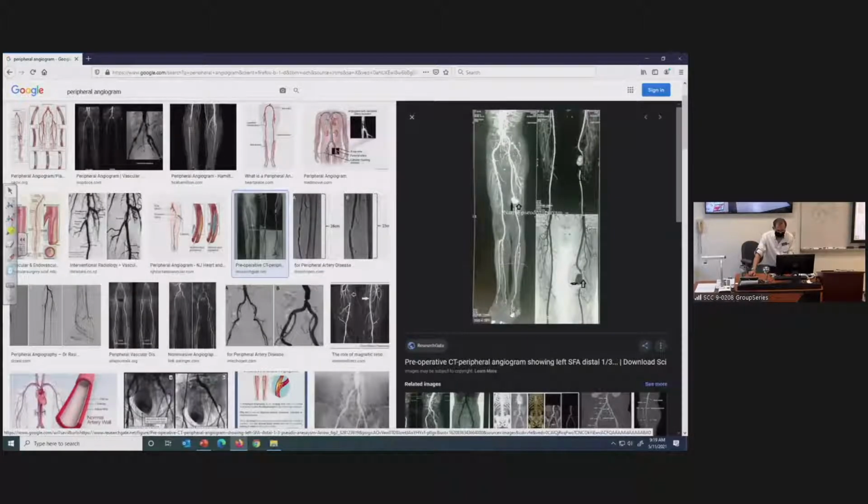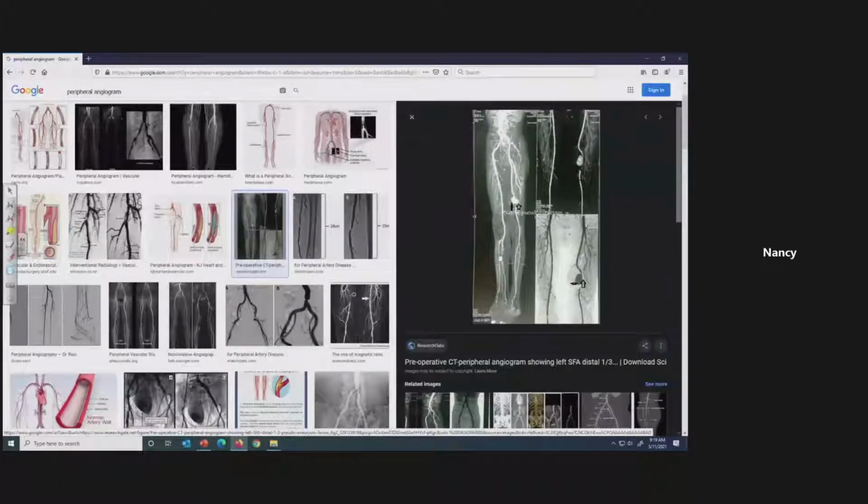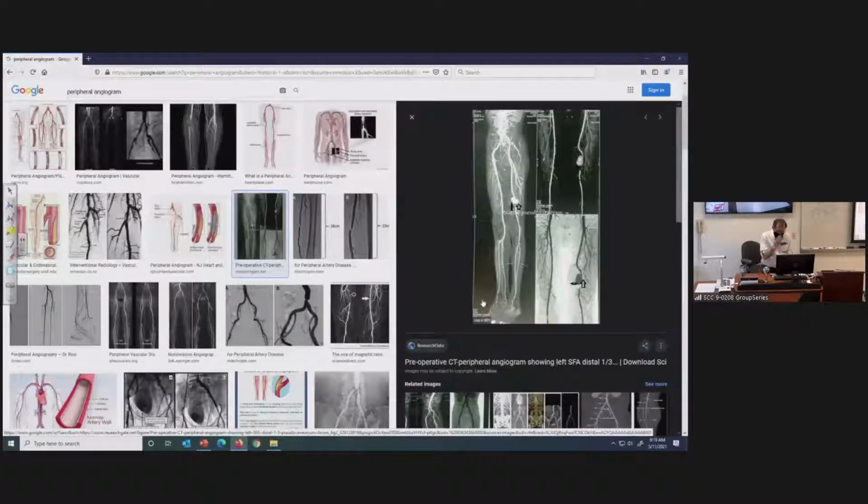And then which vessel is it that leads out here to the top of your foot? Which vessel goes out here to the dorsalis pedis? Which one of these guys? One of them goes behind your ankle like this one. That's the posterior tibial. And one of them comes down, the anterior tibial comes down to the dorsalis pedis. So this person has an obstruction here.